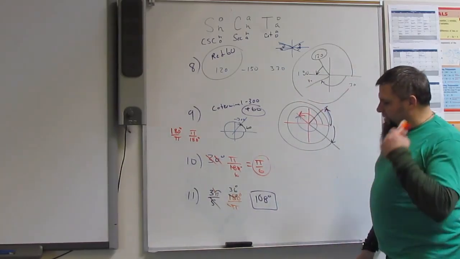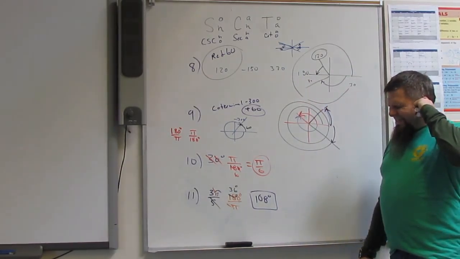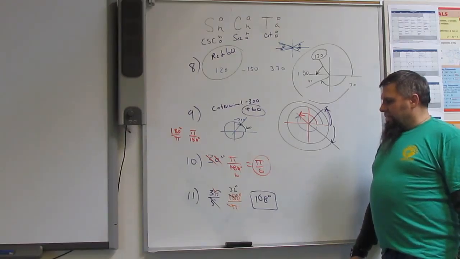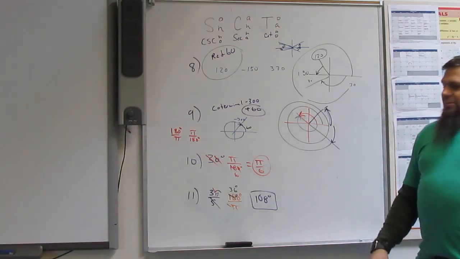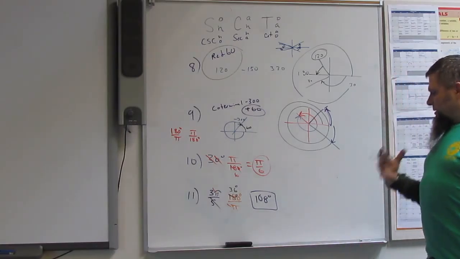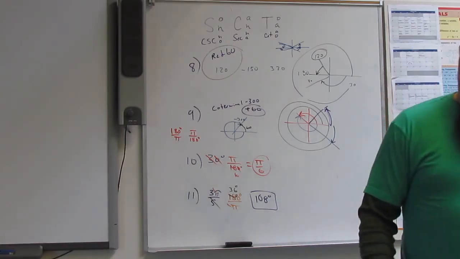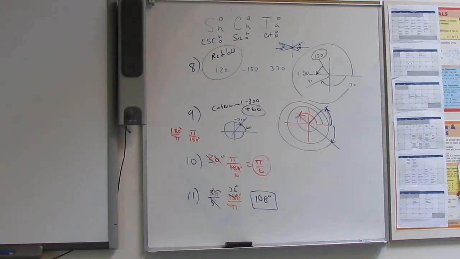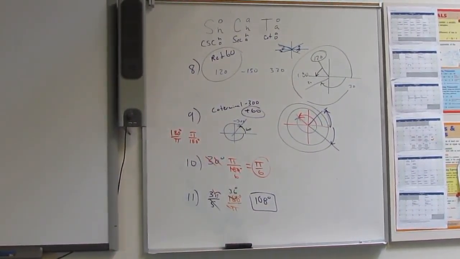So 5 goes into 180 36 times. And 3 times 36 is 90 plus 18, which is 108. Because 3 times 30 is 90, and 3 times 6 is 18. So 90 plus 18.